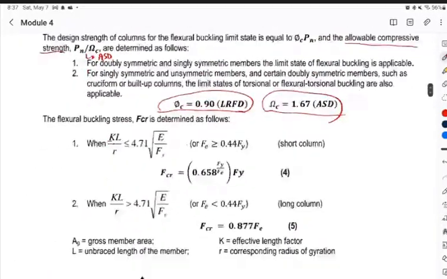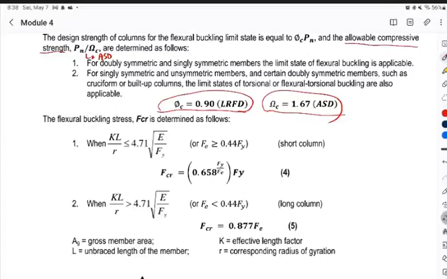L, of course, is the span length. And then R is the least radius of gyration. We will consider the major and minor axis, so we will use R sub X and R sub Y and consider everything. So, KL over R is our slenderness ratio.